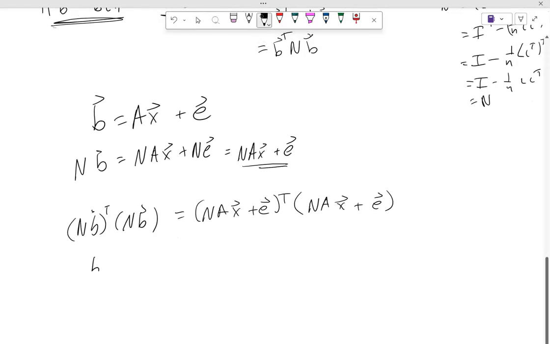The left-hand side was b transpose nb, right? Let's see what we get when we distribute out the right-hand side. Well, first I got to do the transpose before I can do any distribution stuff, right? So distribute the transpose through, that will reverse the order here, right? So I'm going to write this as x transpose A transpose n transpose plus e transpose.